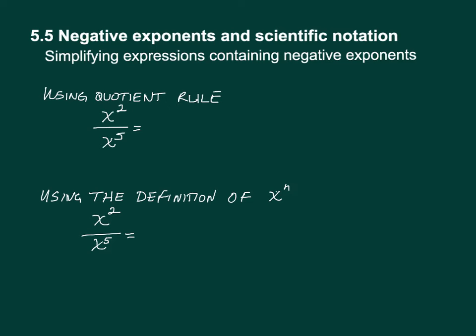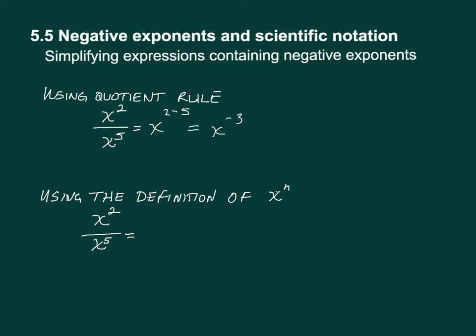So given this example, using the quotient rule, if you have x to the second divided by x to the fifth, ultimately what you get is x to the what? Using the quotient rule, you subtract, so you get x to the 2 minus 5. And that gives you x to the negative 3.